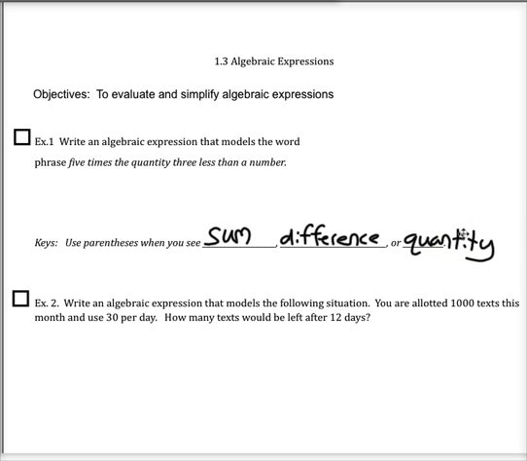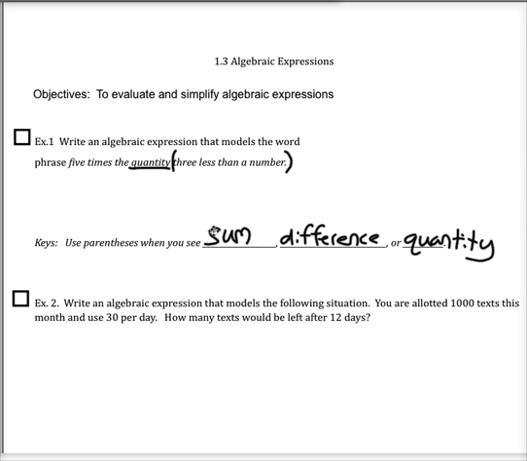Those are going to be your 3 key phrases to know to use parentheses. So, in this one, I see the word quantity, which means everything after that is going to be in a parenthesis. So now let's start writing this out.